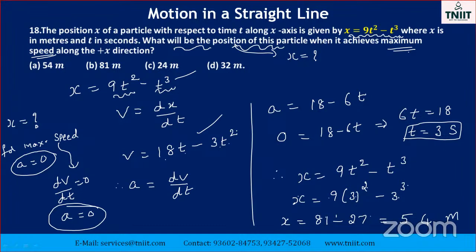So 54 meter is the position of the particle when the velocity is maximum.